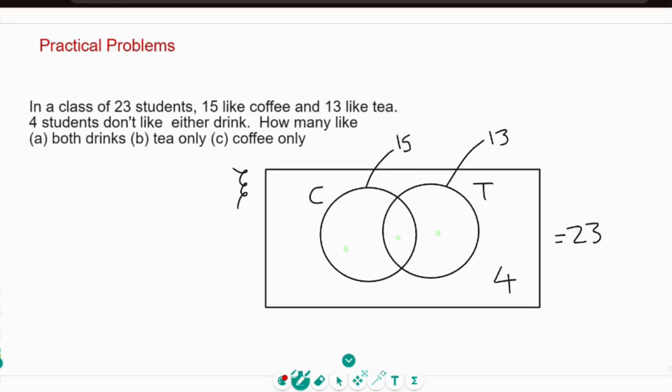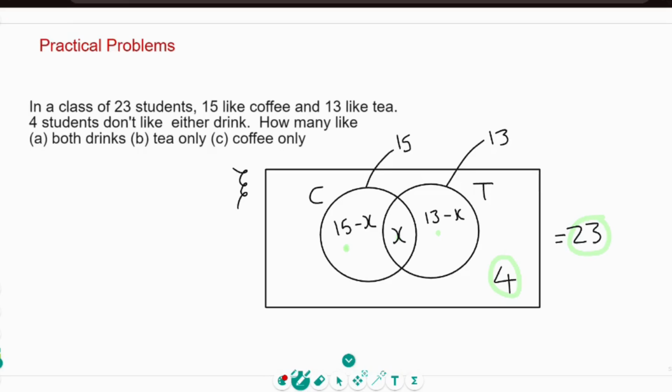First one, using algebra. Well, we don't know this value here, so I'm going to put it as x. We don't know this value here either, but we know the total of this circle is 15. So I'm going to put 15 minus x here. And same here, I'm going to put 13 minus x. Seeing as the total of the whole then is 23, and this is 4, 23 minus 4 is 19.